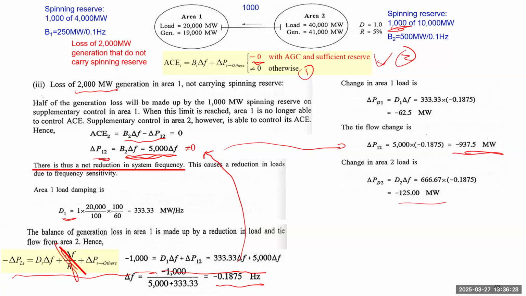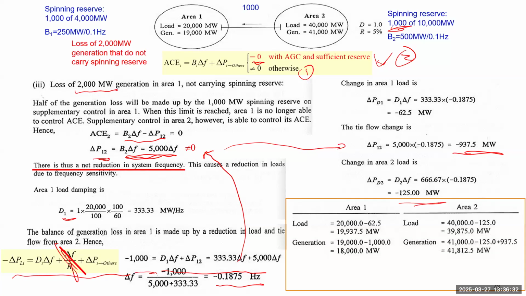So this also has the load change due to the frequency in area 2. So finally, the load in area 1 will be decreased. And area 2 also decreased. And generation in area 1 will increase by 1,000 megawatt to use up the remaining spinning reserve.